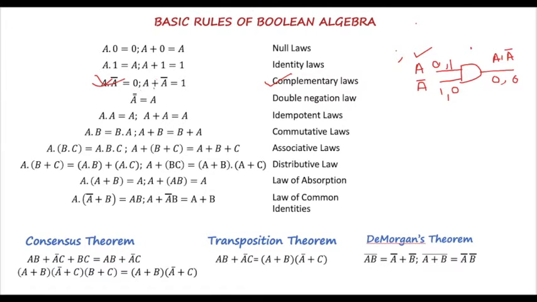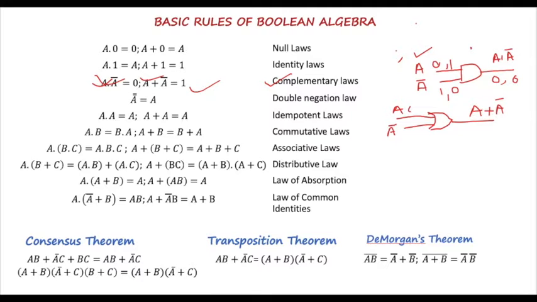Now, this relation states that a variable ORed with its complement always gives 1. Now you can see, with one input A and another input A bar, it will give A plus A bar.